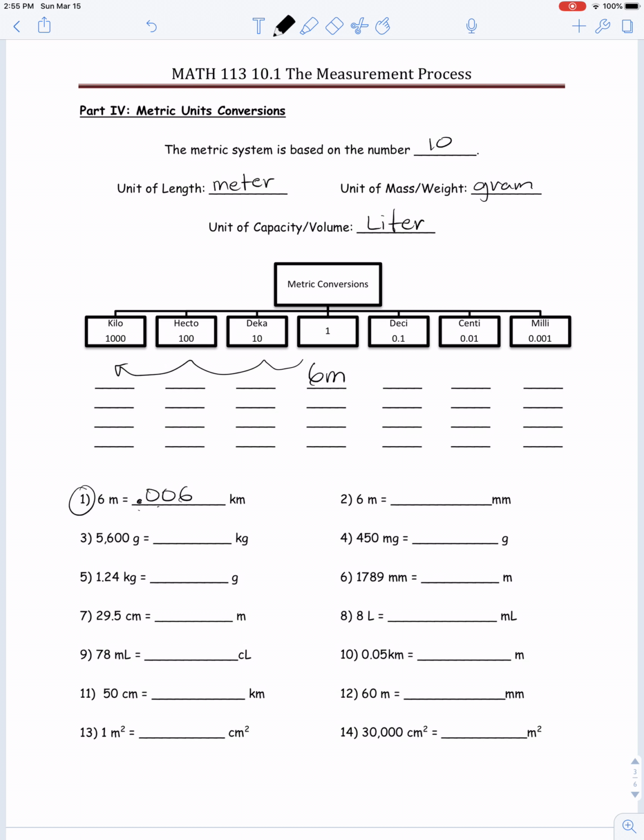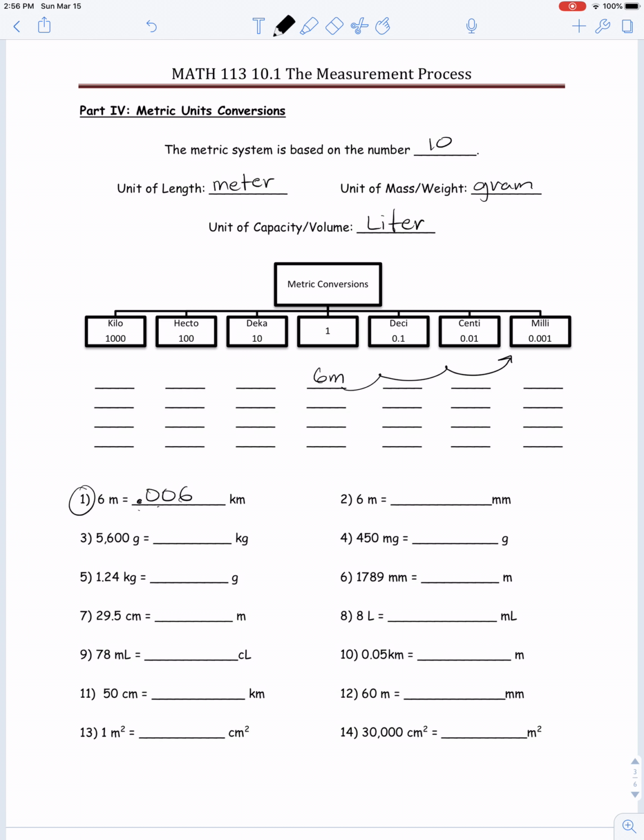So again, that's the nice thing. Wherever you start, if you move to the right, you move your decimal to the right. If you start somewhere and move to the left, move your decimal to the left. All right, so let's go back. Let's look at if we wanted to do 6 meters to millimeters. So again, we're going to start here in the middle, but now we're going 3 places to the right.